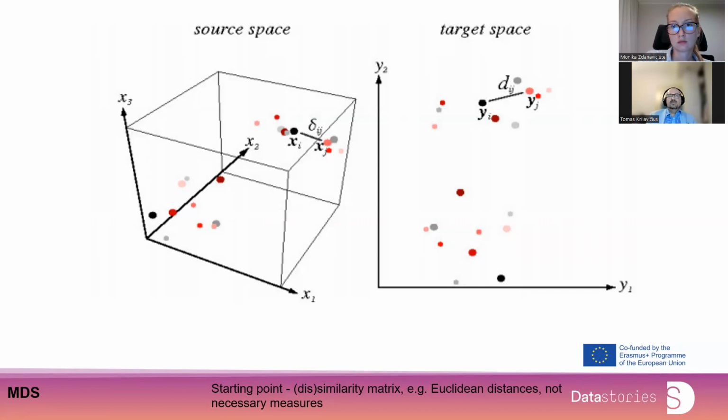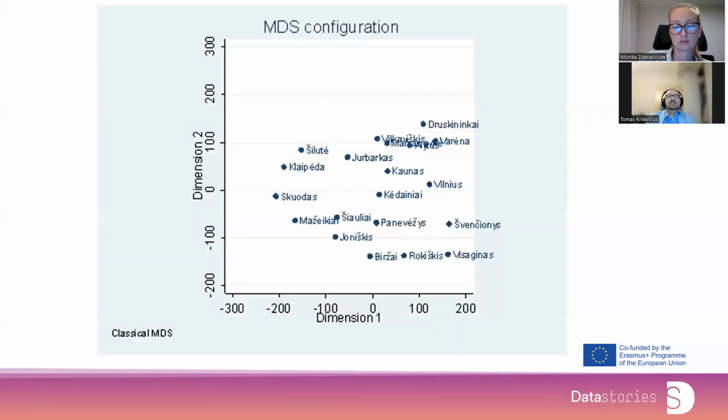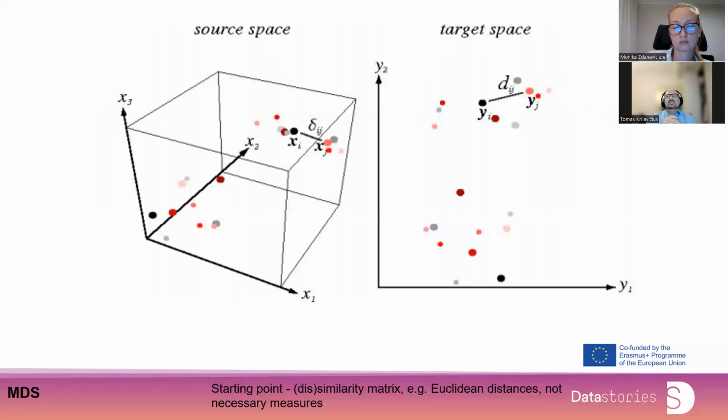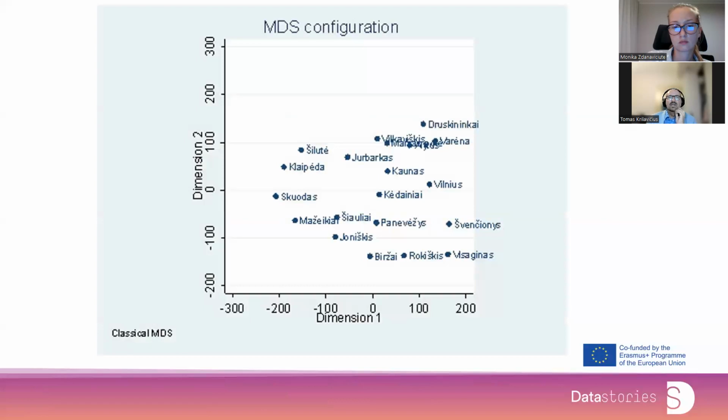So basically, delta ij should be as similar to dij as possible. Of course, this allows us to define a function where we solve an optimization problem, trying to choose the best projection, which conforms to our requirements.